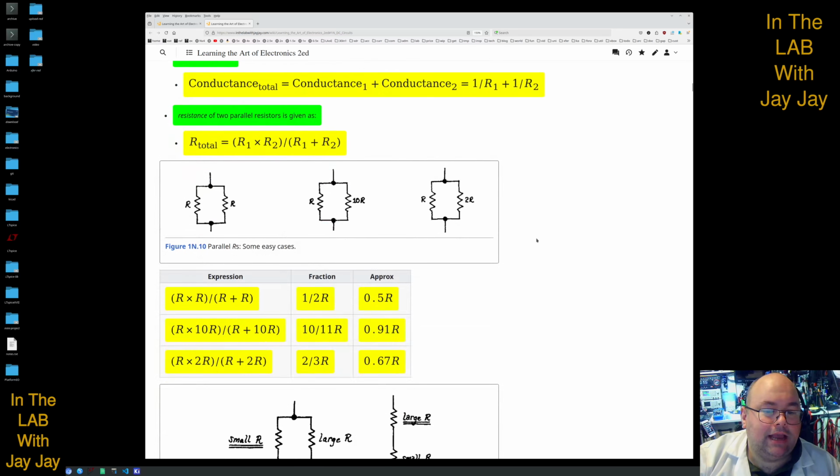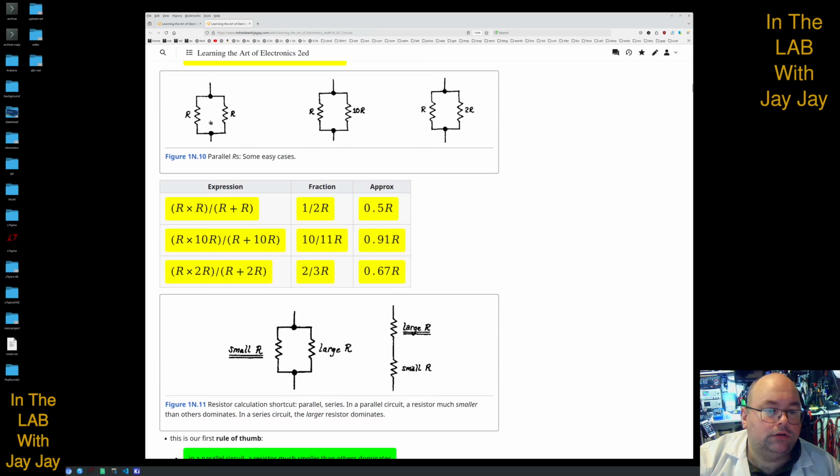And here's some easy cases. So if you've got two R's and they're the same, then you're going to see half of R. And then if you've got R and 10R, then you're going to get 10 elevenths of R, which is 0.91. So it's very close to R.